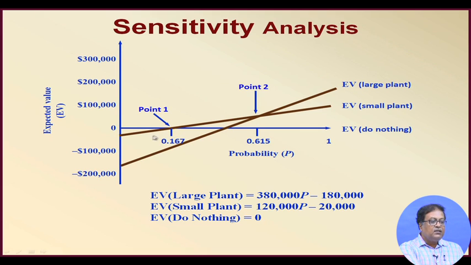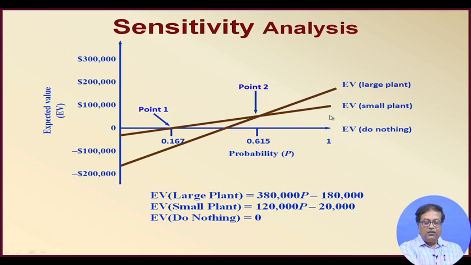At 0.167 probability, the expected value for the small plant comes out to be 0, and a similar thing happens for the large plant at a slightly higher probability. But at 0.615, the expected value for the large plant becomes bigger than the expected value of the small plant.